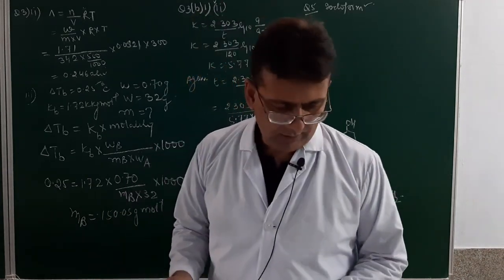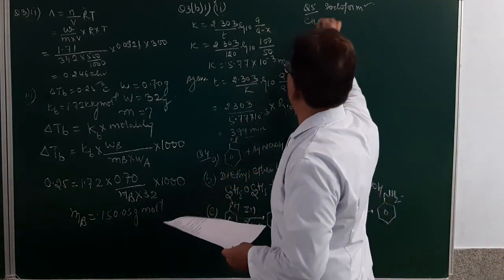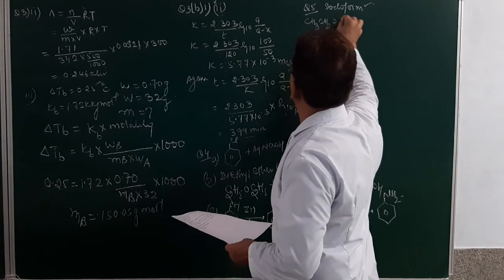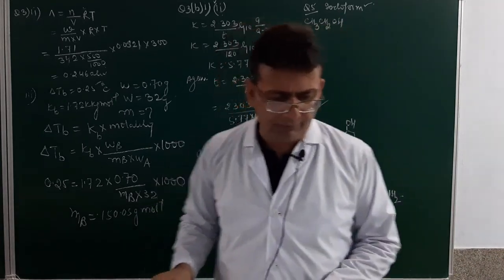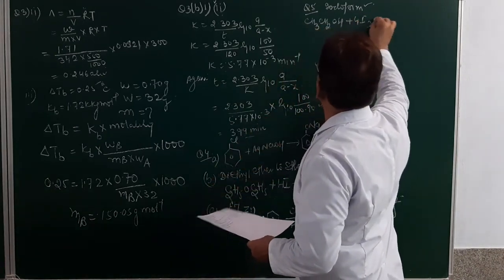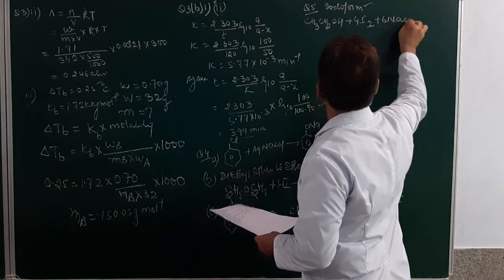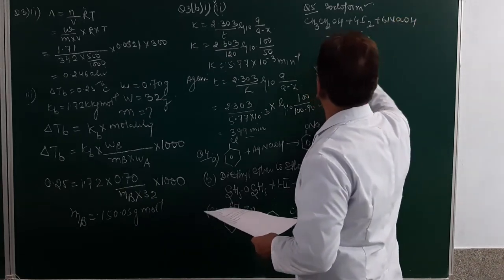Is it clear? Or ethyl alcohol with sodium hydroxide, you can do with sodium carbonate, or with iodine and sodium hydroxide. Writing down the reaction, it will result in the formation of iodoform.